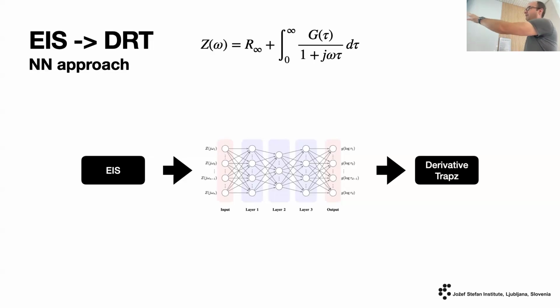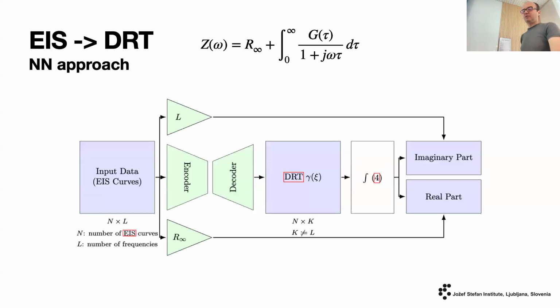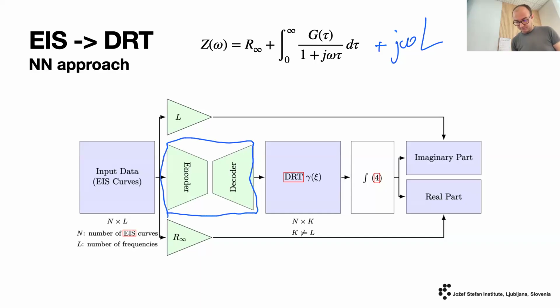I told you that we have this neural network approach for calculating DRT, and that we can calculate it like this. So this is now the complete schematic. There is a missing part here, j omega L, I will edit. So this is the encoder decoder that I was telling you about yesterday.